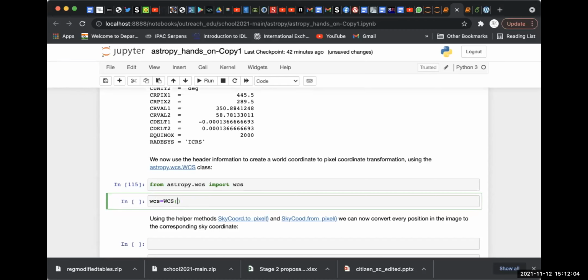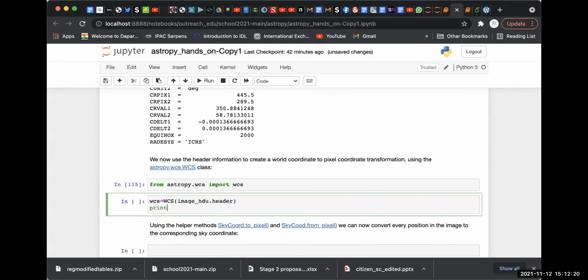It is defined as WCS of image HDU dot header. Let me print my WCS.